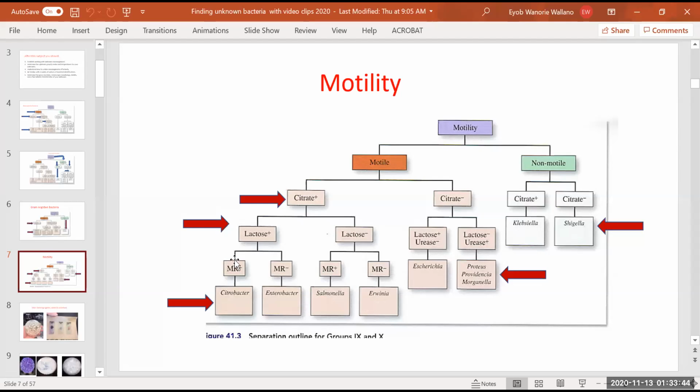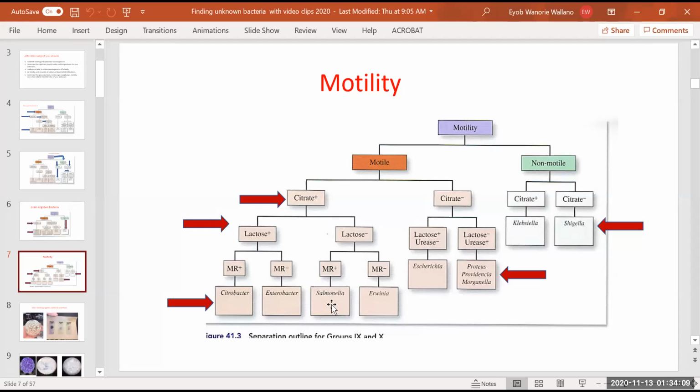Okay, now, lactose positive, lactase negative, we are going to focus on that one. I'm going to show you. And then we have here, when we say Citrobacter, is it lactose negative? What about Enterobacter? Is it citrate positive? Yes, Enterobacter, like Escherichia coli.